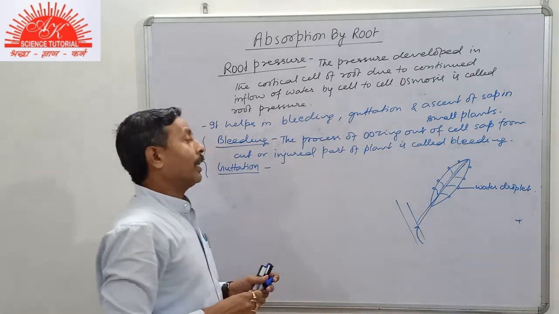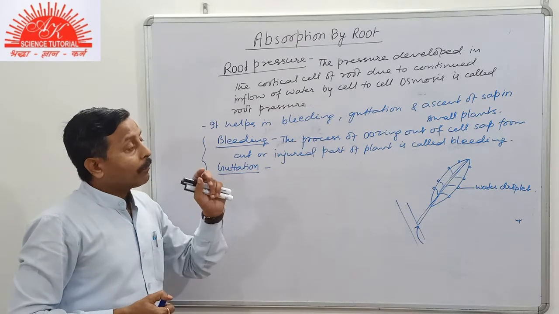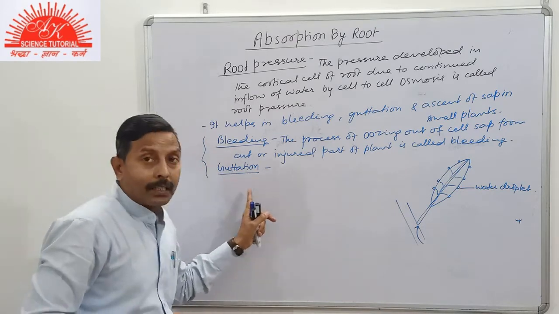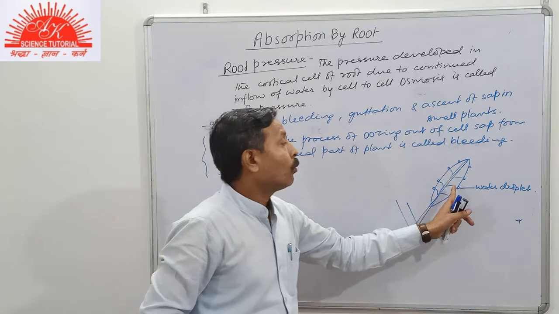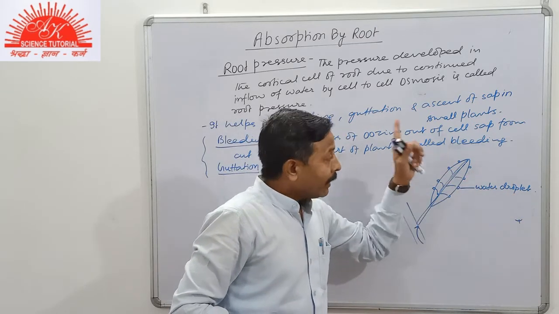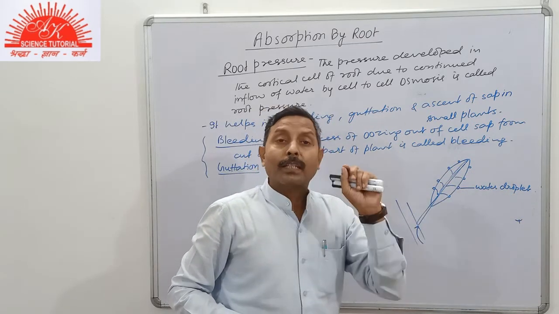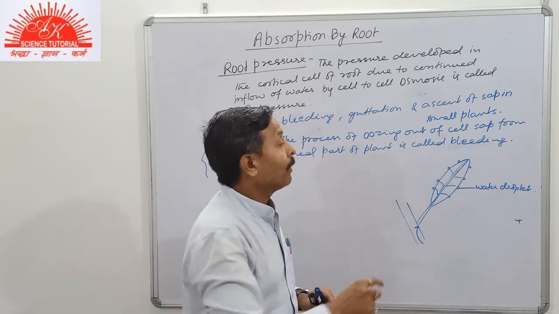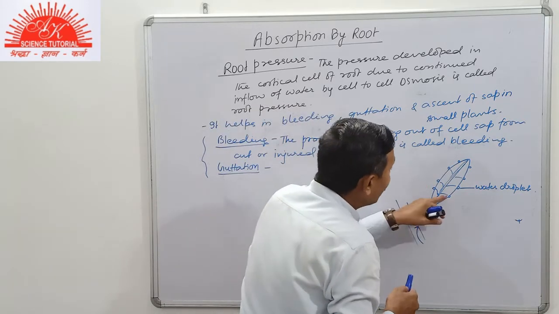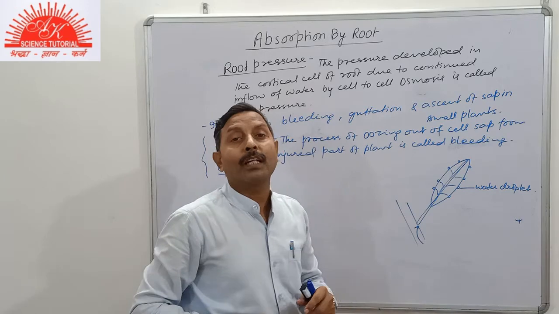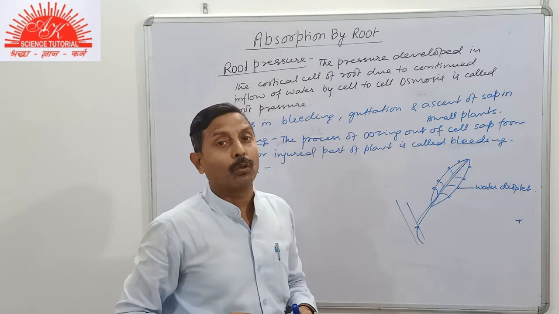So in transpiration, water is lost in the form of water vapor, but in guttation, water is lost in the form of water droplets. In transpiration, it takes place mainly through stomata, but here the opening present along the margin of the leaf is known as hydathode.